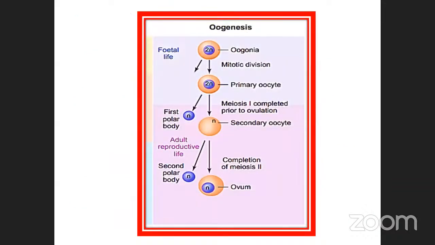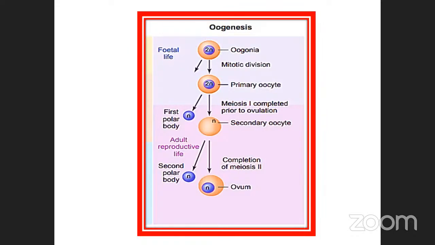See oogenesis, these are the steps. The oogonia, otherwise called mother cells, undergo mitosis. Mitotic means body cell division, with no reduction division. They exactly transfer the genetic material from parent to offspring, isn't it?